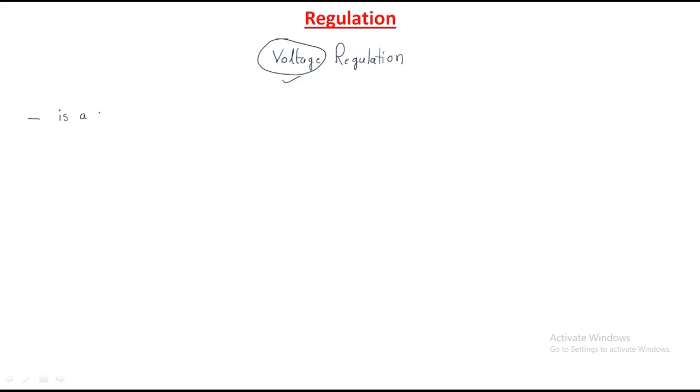Voltage regulation is a measure of change in the voltage magnitude between sending and receiving end components.